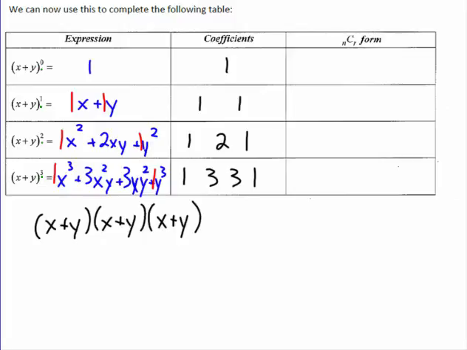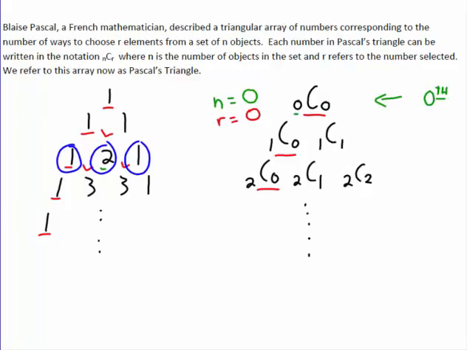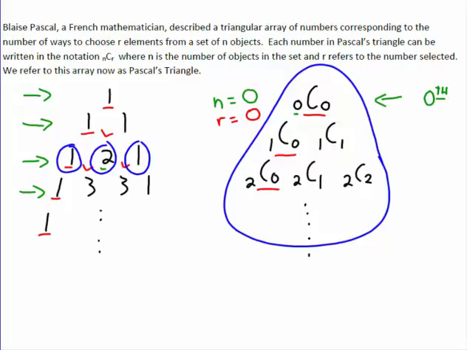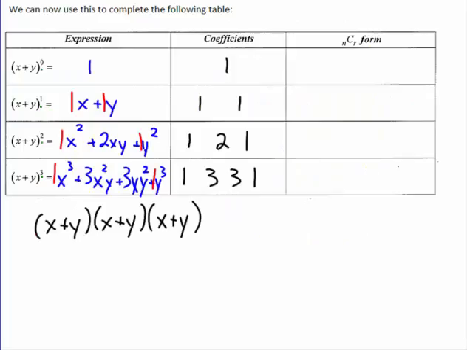And if you look back at Pascal's triangle, you'll see that those correspond to the rows in Pascal's triangle, which means we could write those rows with our nCr notation from Pascal's triangle, which means in this form, 1 we could write as 0C0.